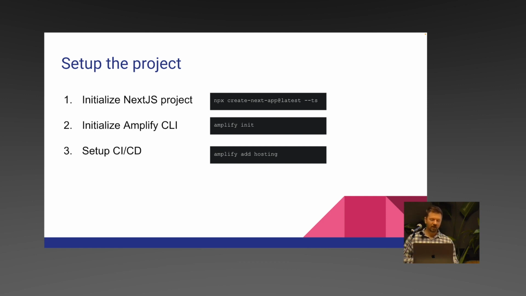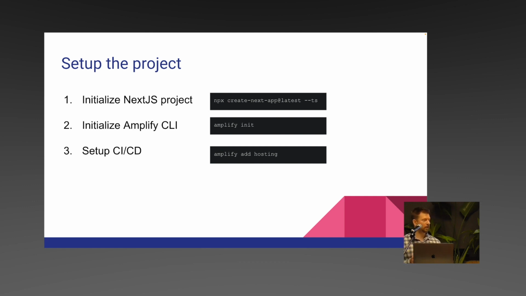First we install the Next.js TypeScript project. Next, we will add Amplify by running the amplify init command. Here, I already have Amplify configured because you have to prior link it to your AWS account keys. But to add it to a project, you just run amplify init.